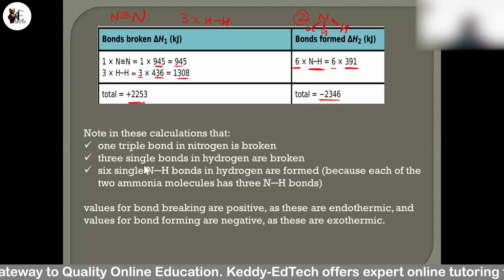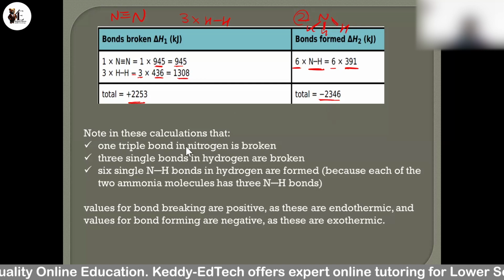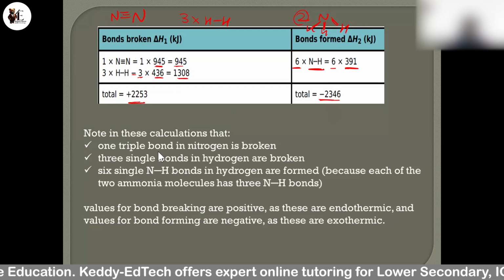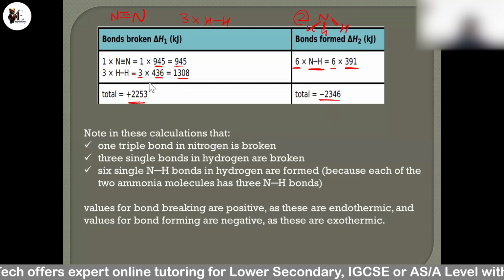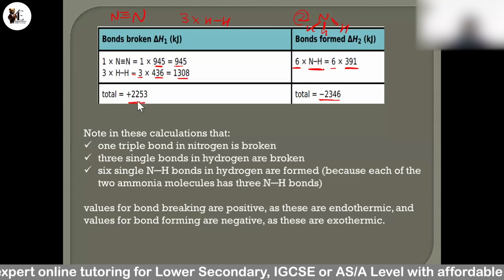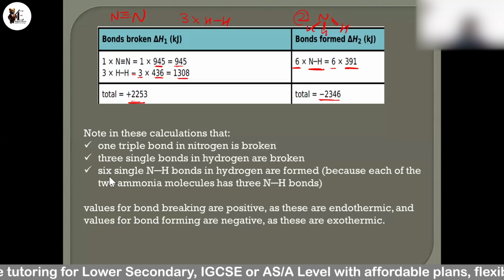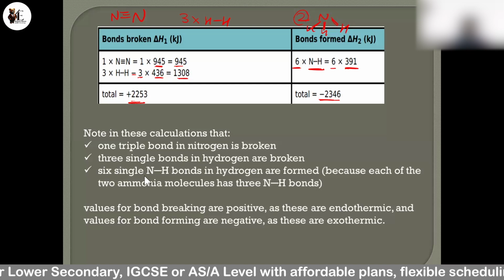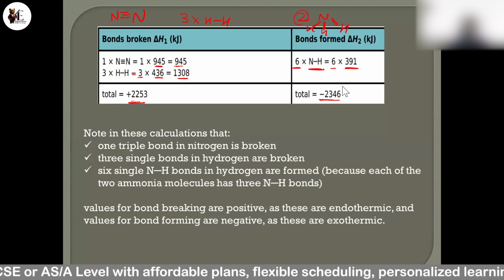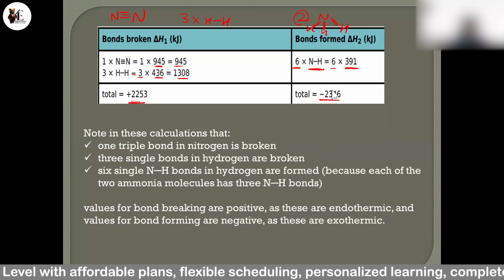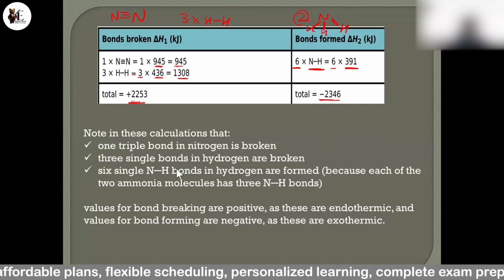Now in these calculations, one triple bond in nitrogen is broken. N2 you are breaking, 3 single bonds in hydrogen are broken. That means you are providing the energy, that's why it is positive. Now in bond formation, 6 single NH bonds are formed. So it is bond forming. When you are forming the bond, energy is released, so it is a negative sign.